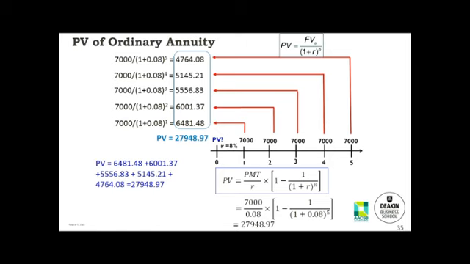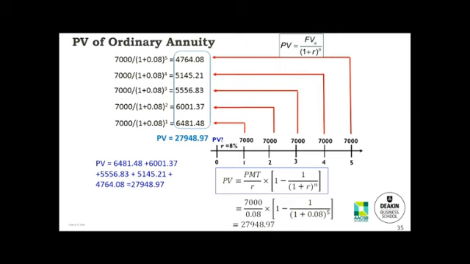Now let's verify it. How to verify our solution? Easy. As I told you guys, annuity is just a special case of a mixed stream of cash flow, which means for all of the cash flow stream calculation, you can always apply the mixed cash flow stream method. That is, you can always discount each of them one by one, then sum them together. I call this a stupid approach because you just need to do it step by step.